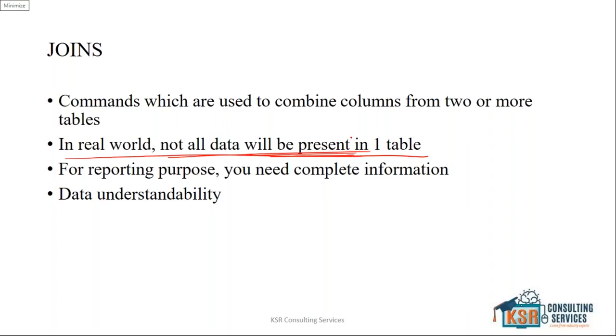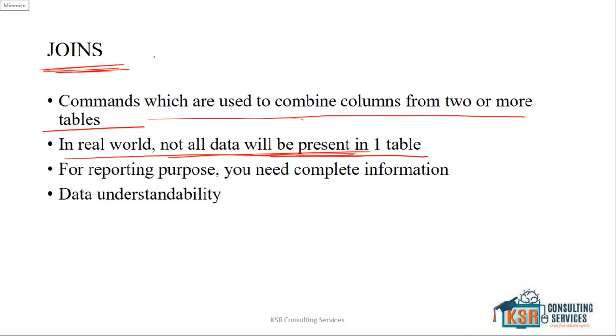Okay, what is joins? It is used to combine columns from 2 or more tables. There are 2 tables. I want some records from table A and some records from table B. These 2 tables I want to combine together in my result.